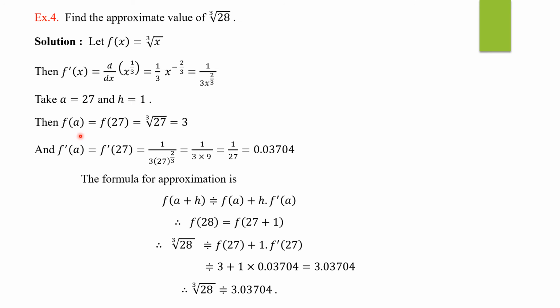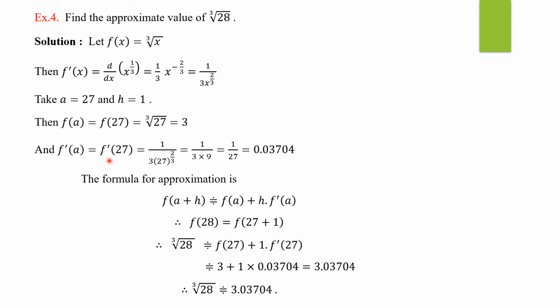The value at a point, that is f of a equal to f of 27, that is cube root of 27. We know that the value of 3 cube is 27, therefore it is equal to 3.